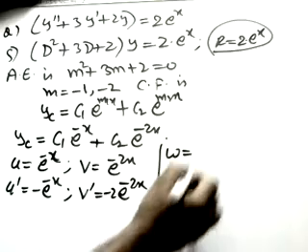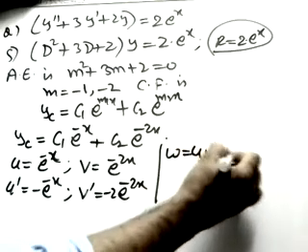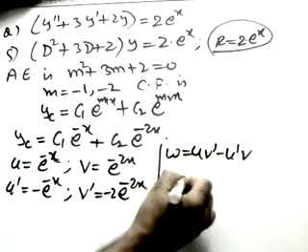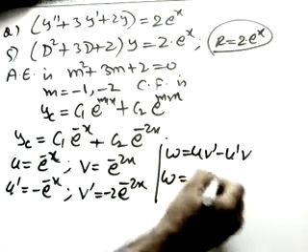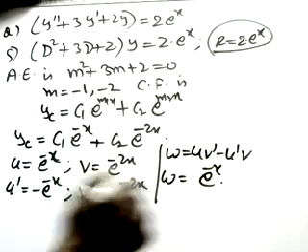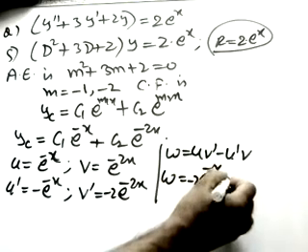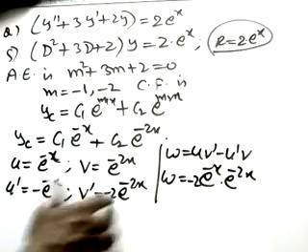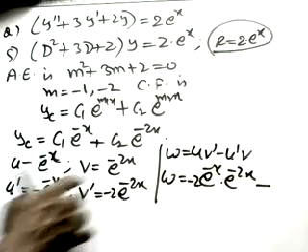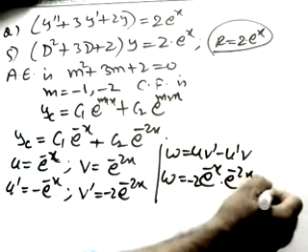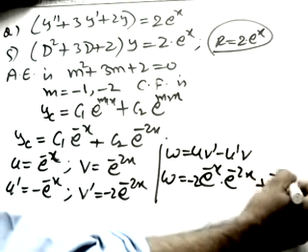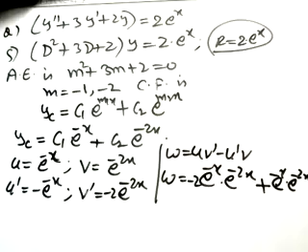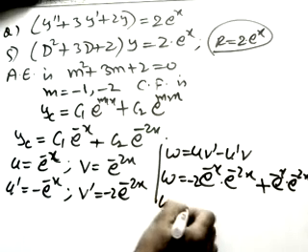The next step is we have to find w. What is the value of w? w equals u v dash minus u dash v. So w equals u, e power minus x, into v dash, which is minus 2 into e power minus 2x, minus u dash v, so minus and minus will become plus e power minus x into e power minus 2x.